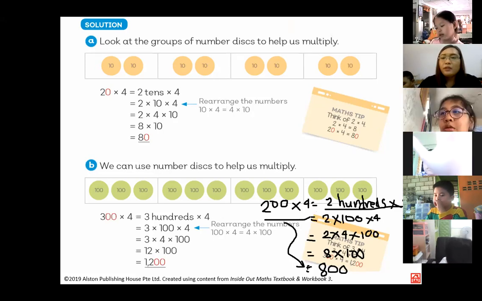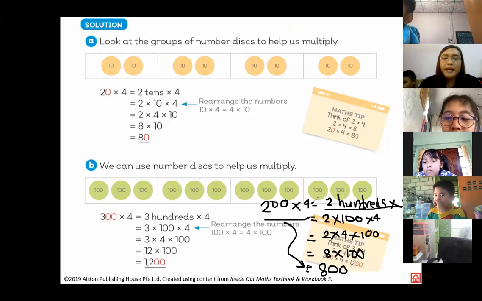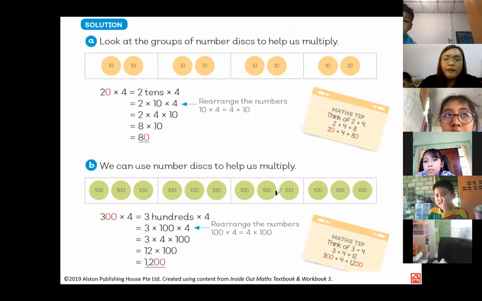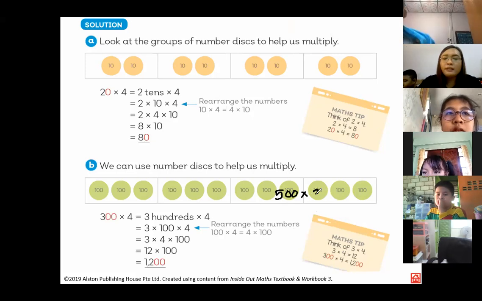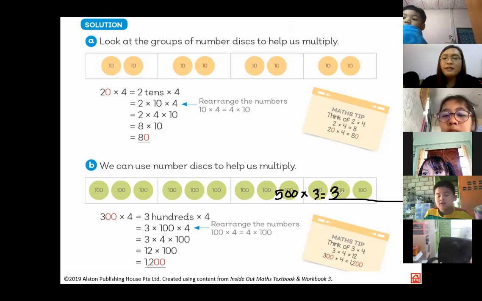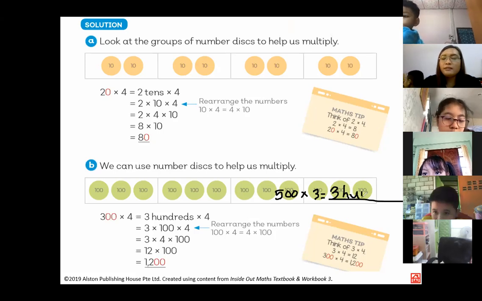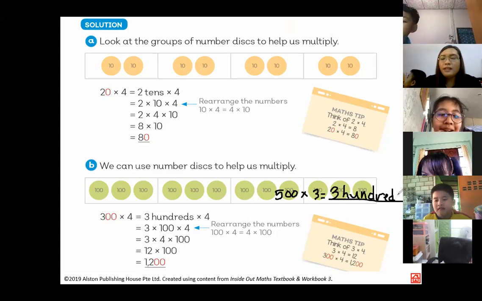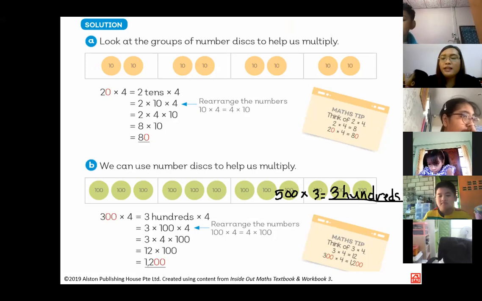Okay. Now let's have another example. I have 500 multiplied by 3. So what is the first thing? First we have to write 5, and then the word hundreds, and then multiply by 3.